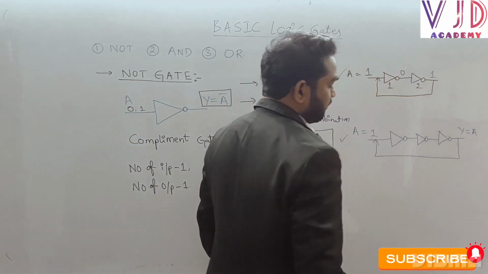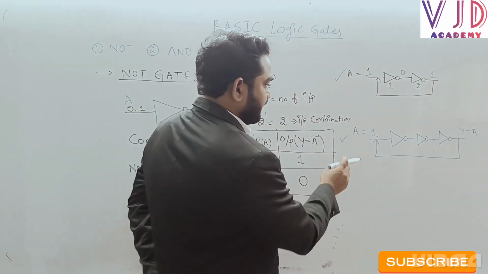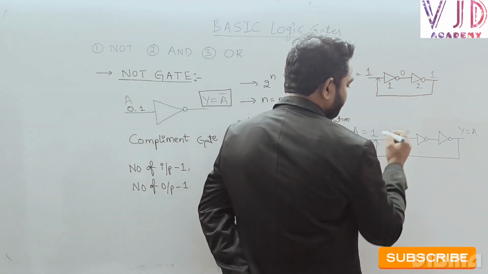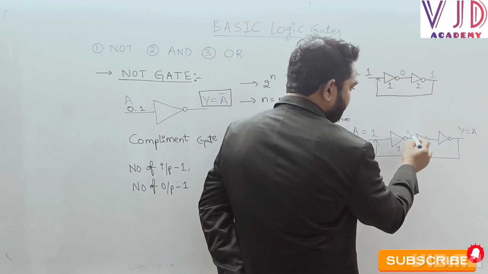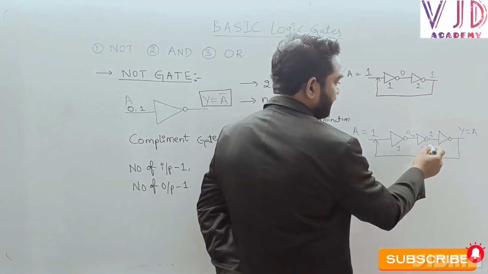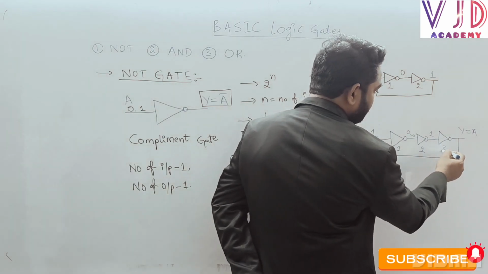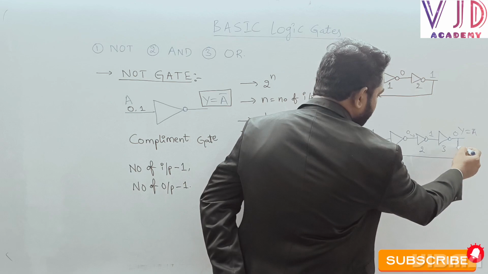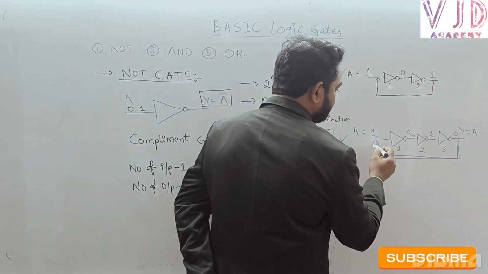When I give a equal to 1 to the first NOT gate, the output is 0. Applying this 0 to the second NOT gate, the output is 1. Applying this 1 to the third NOT gate, the output is 0. And now this 0 comes back as feedback to the first NOT gate.